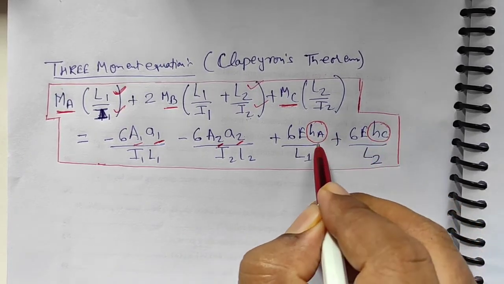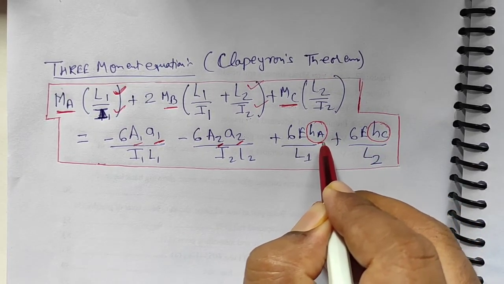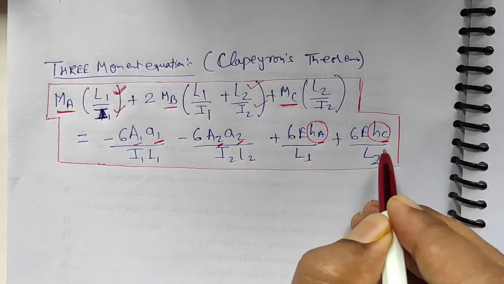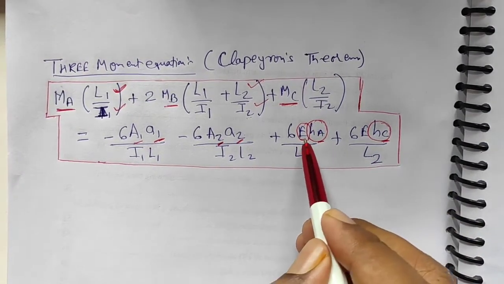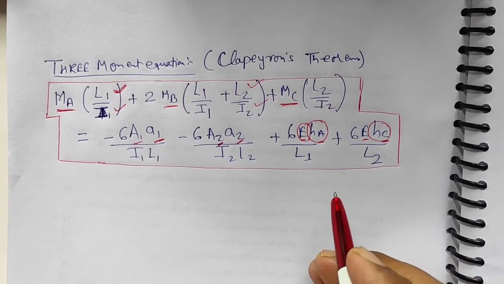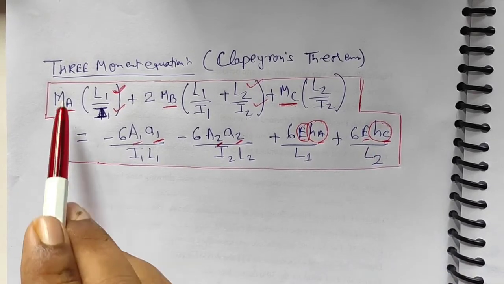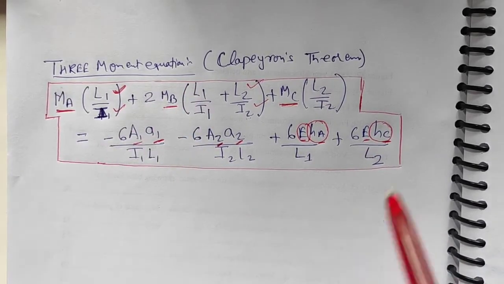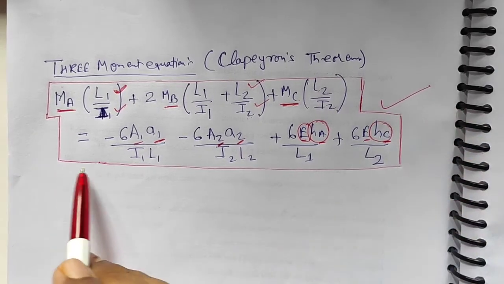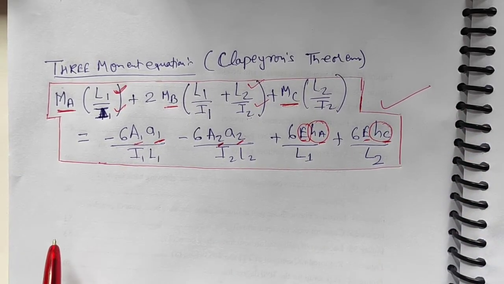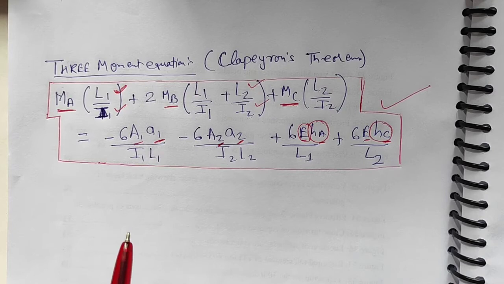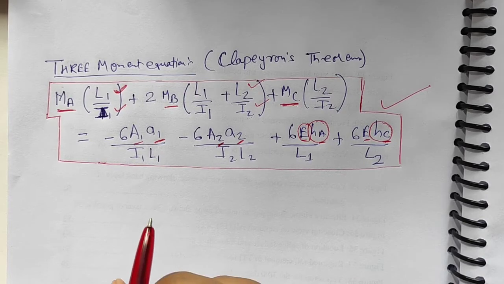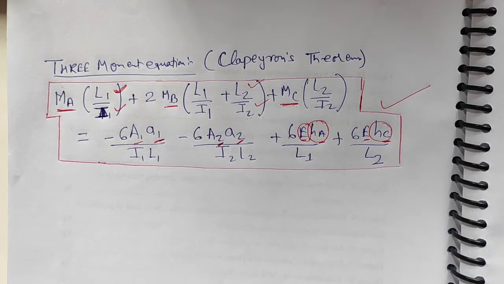These are the settlements of the support at A and support C, and E is the modulus of elasticity. So in this way we can define the three moment equation, which is very helpful in analyzing a two member and three supported beam.